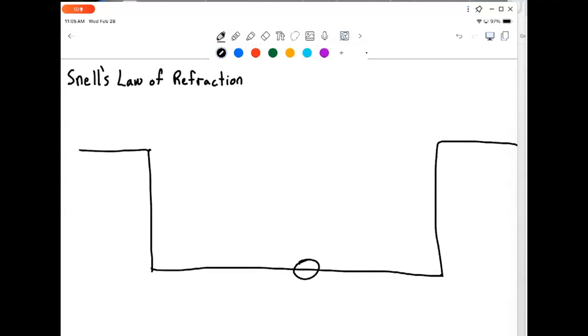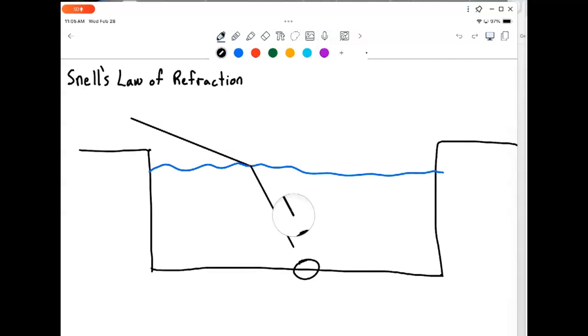Or maybe you've stuck a cleaning tool in, trying to take leaves or something out of the pool, and once you hit the water level, something strange happens to your pole, right? It literally looks like it bends. So everybody's kind of seen that, hopefully, at some point before.